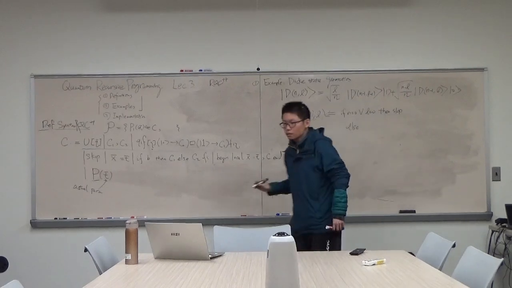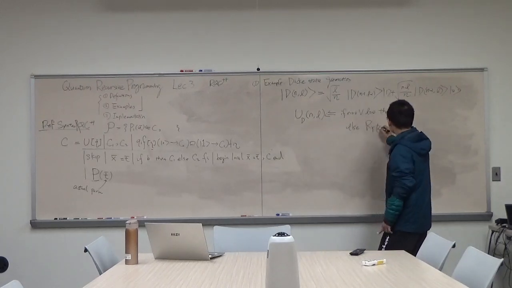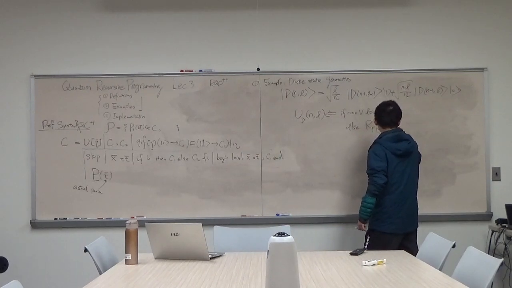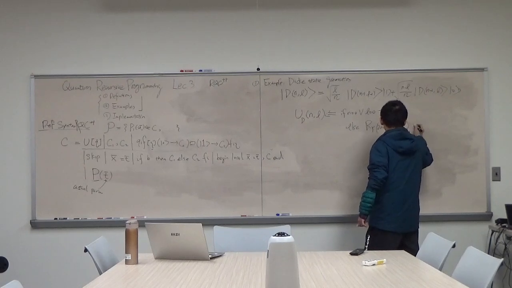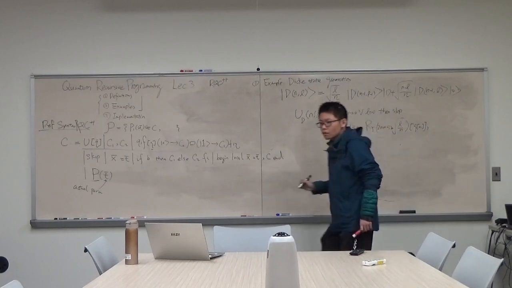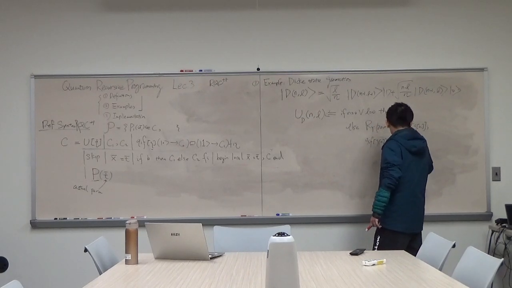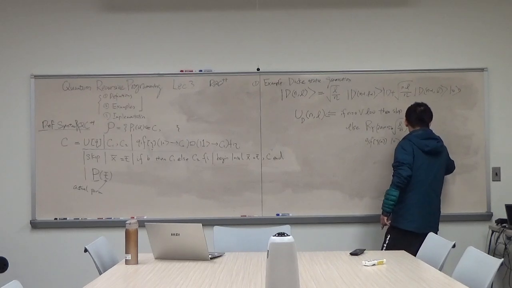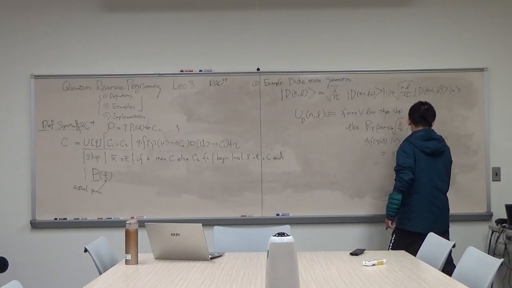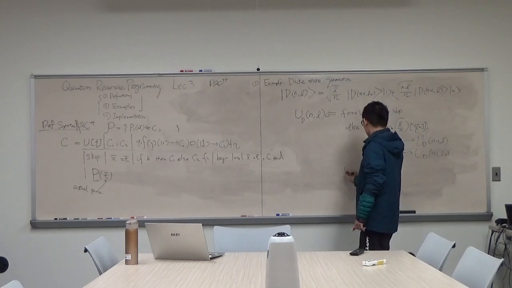Else, you perform a rotation on this qubit Qn, and then, if it's 0, you call the procedure D with n minus 1 and L. If it is 1, then you call the procedure with n minus 1 and L minus 1.